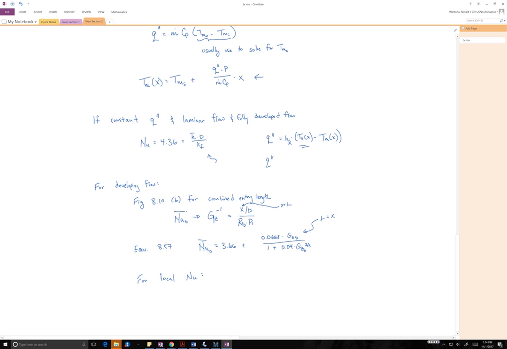If I want an average surface temperature, I can use this expression. So to find a local Nusselt number, I can use figure 8.10a.